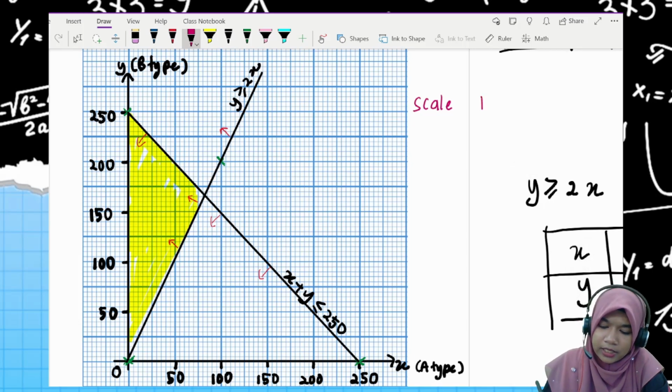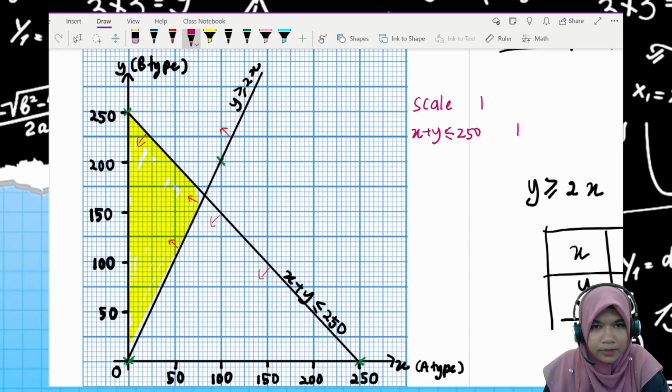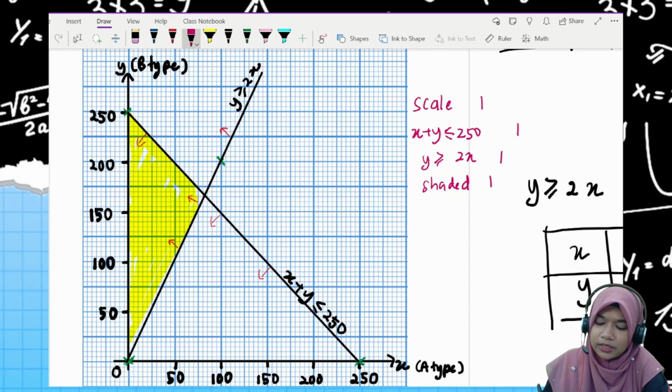And then for the first straight line, x plus y less than or equal to 250, 1 mark. The second equation, y greater than or equal to 2x, another 1 mark. And then the shaded region, you shade the correct region based on the inequalities given, another 1 mark.